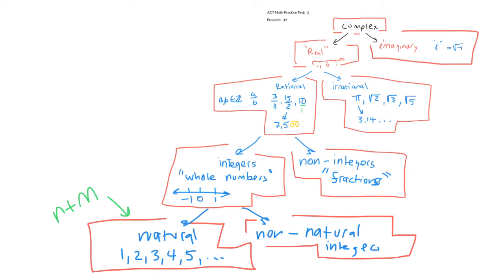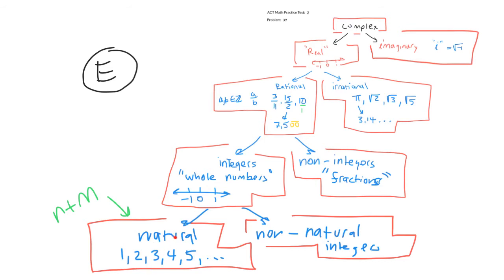Well, yeah. According to this chart, we can very clearly see that the natural numbers, of which n plus m is a member, are a member of the complex numbers. So therefore, answer choice E is the answer, because n plus m literally belongs to all of those sets.